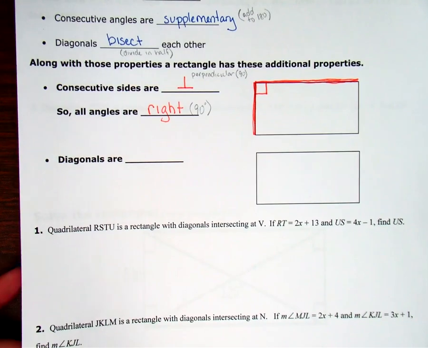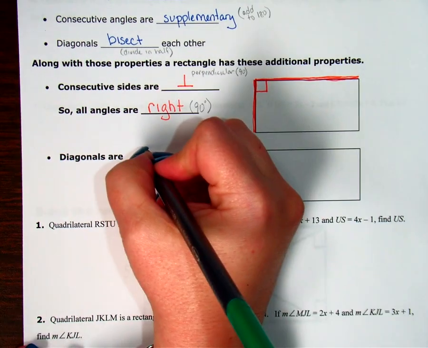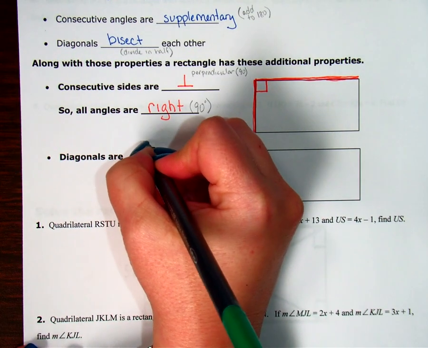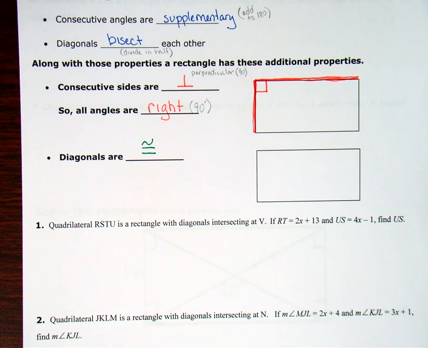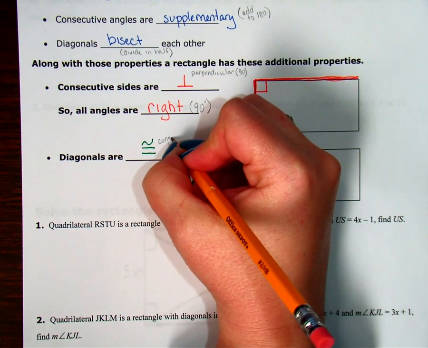And then the second property that every rectangle has is that my diagonals are congruent. Again, if you're still struggling with your symbols, write down what that means.